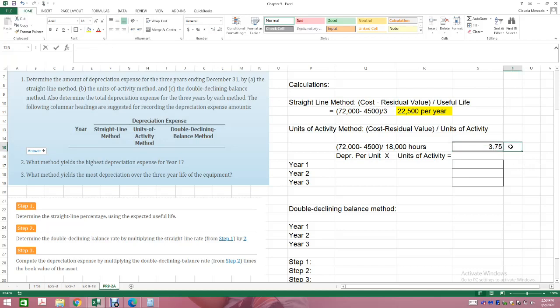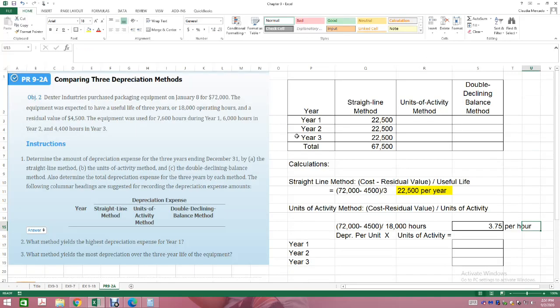This is per hour, because over here it says that it's expecting to have 18,000 operating hours. Okay, so now that I know that my depreciation expense for this piece of equipment is $3.75 per operating hour, I can calculate my year 1, year 2, year 3.